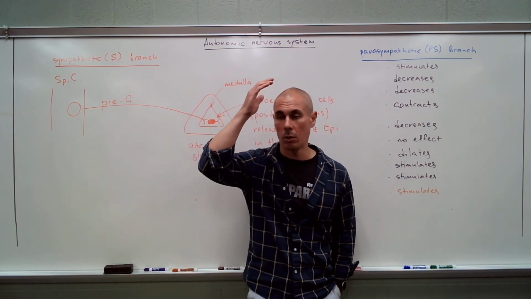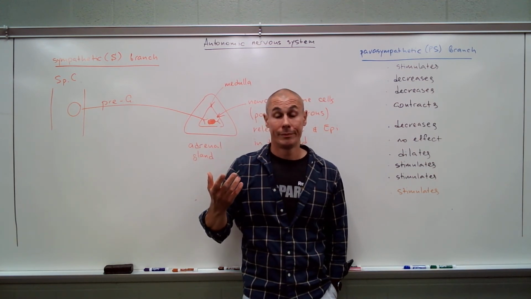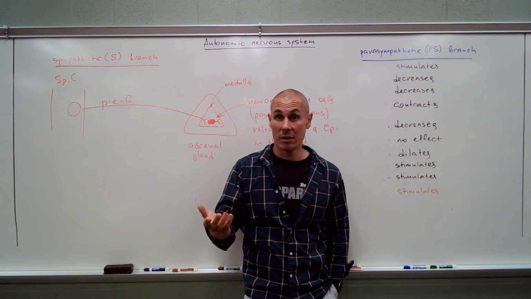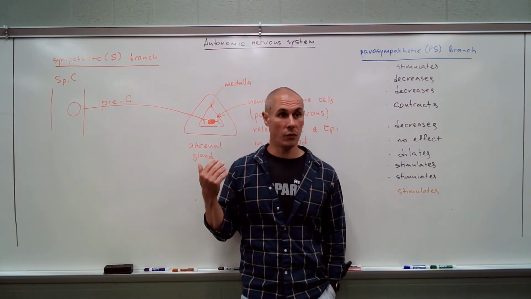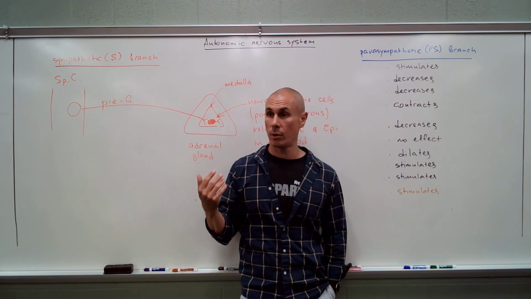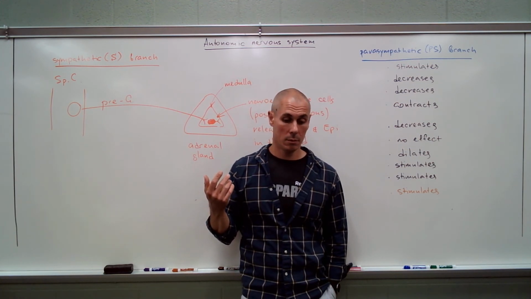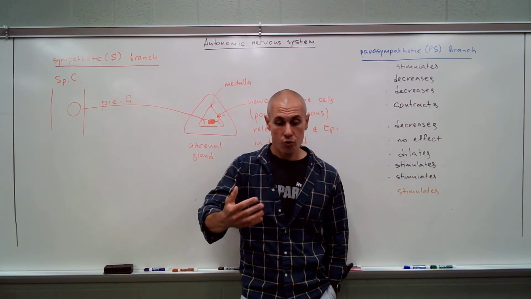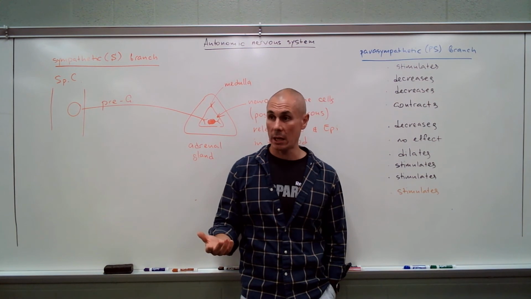Now, what about pathologies? A lot of diseases are indirectly dependent on the dysfunction of the autonomic nervous system, okay? True dysfunction, for example, Raynaud's disease, which is probably genetic.